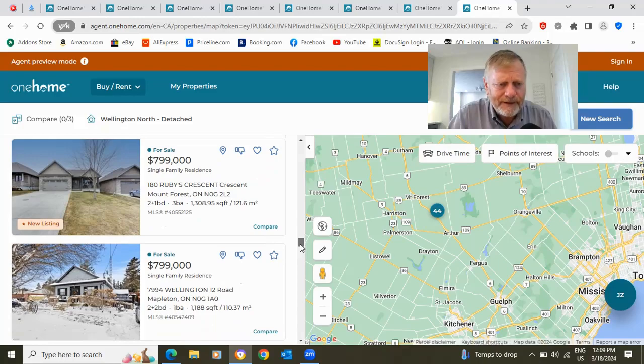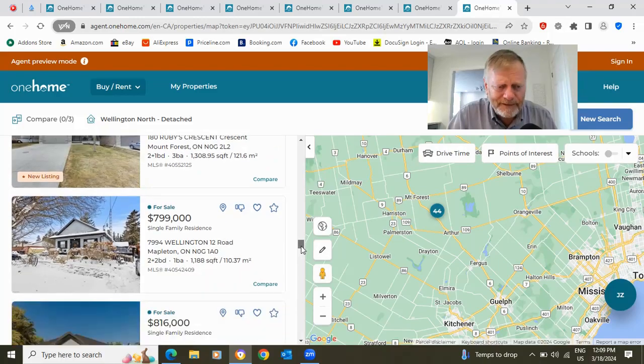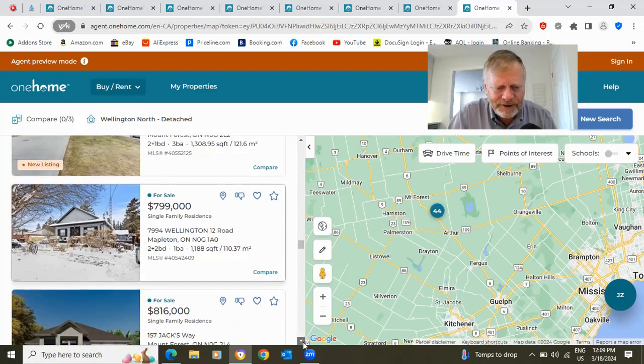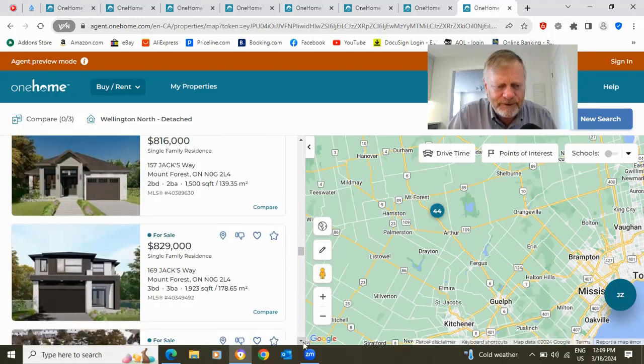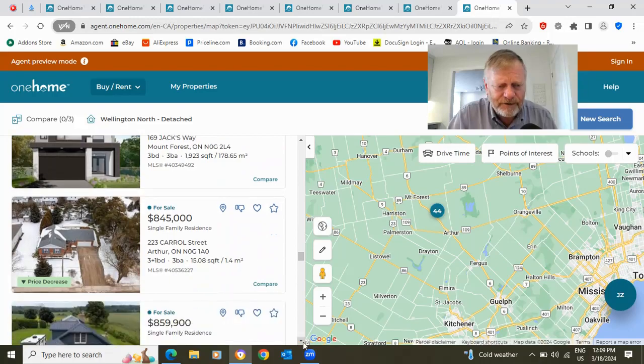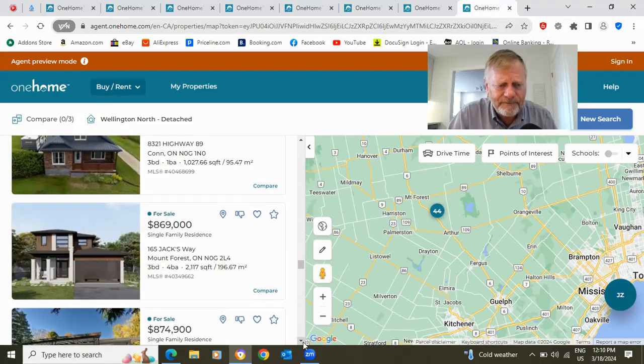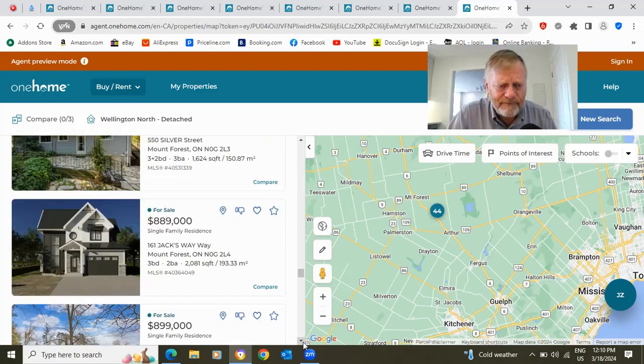Oh, now look at that. Here's Mapleton. I don't know why they put that in Wellington North, but that happens on occasion. But this is mostly Mount Forest, Arthur, Conn.